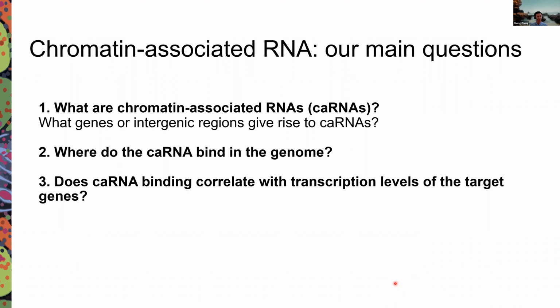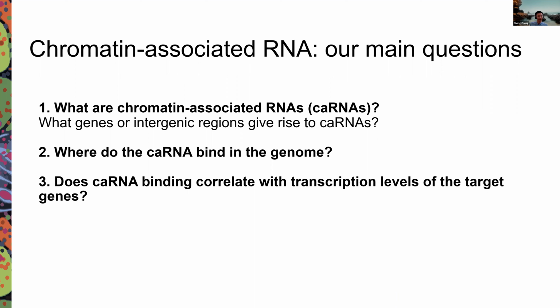The second question is, where do these RNAs bind in the genome? Where are the genomic binding sites or interaction sites of each chromatin-associated RNA? And the third question is, does any of the binding correlate with transcription levels of the target genes?